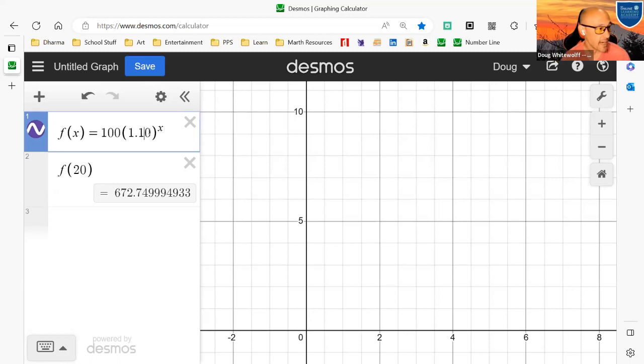And what if instead of $100, we invested $10,000? Well, now you're looking at $67,274 after 20 years. And that's a lot. So compound interest, investing wisely in the stock market, can really result in a lot of monetary return.